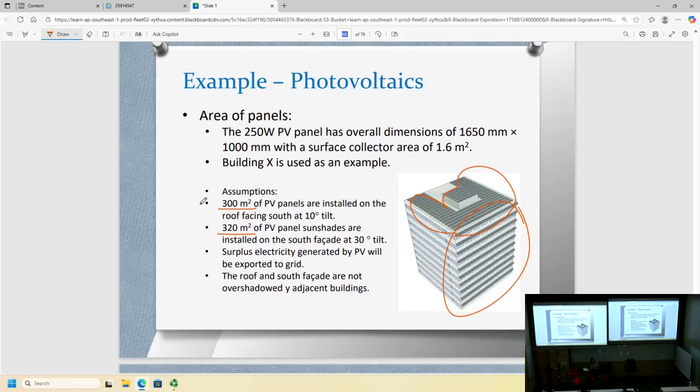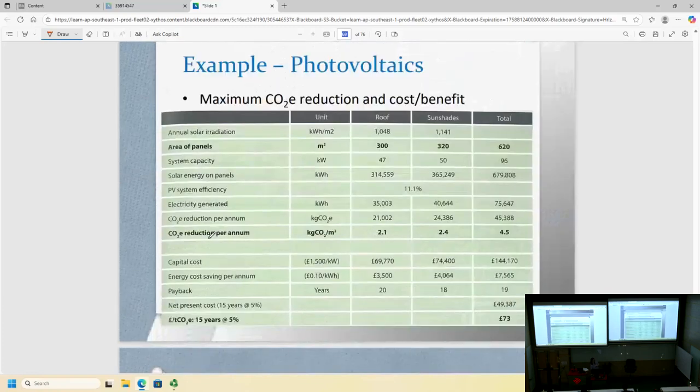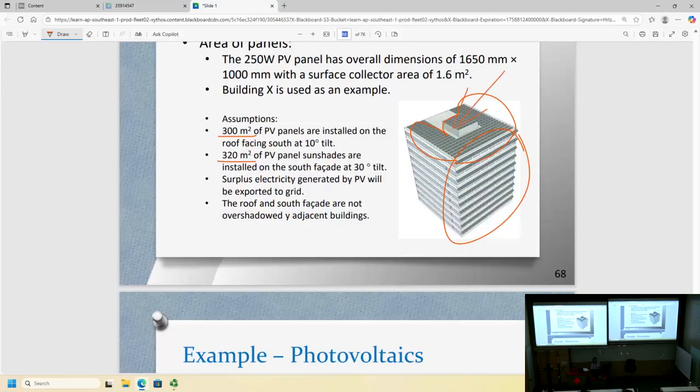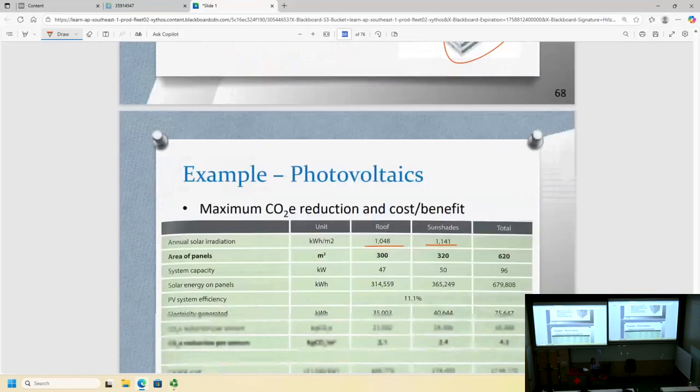So by using this assumption, we can calculate the amount of electricity saved. For roof and sunshade, there would be different solar radiation, the sunlight falling on the roof and the sunlight falling on the shading would have different radiation.